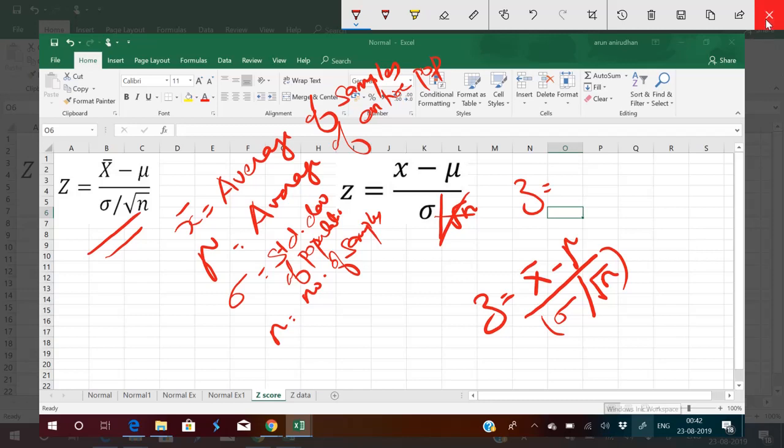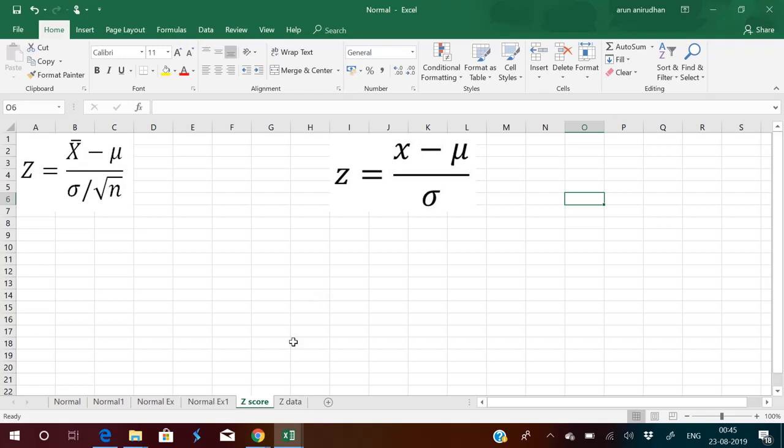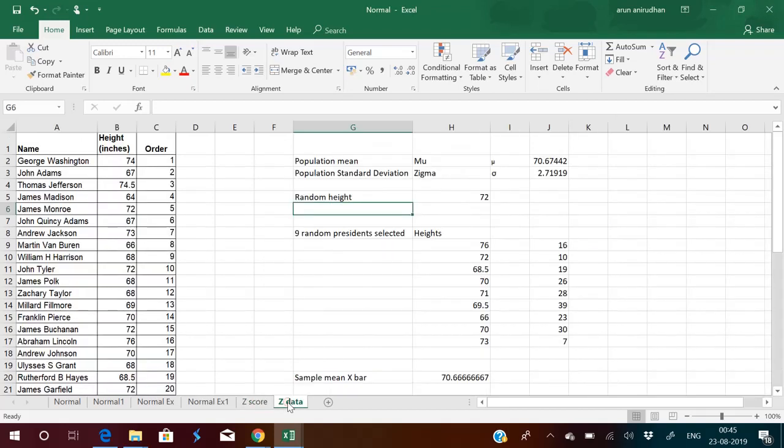Okay, so example is z score example. Suppose you got a data sheet that contains the name of the American president and his or her height. It is given in inches.